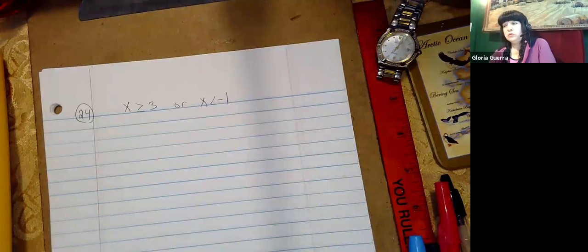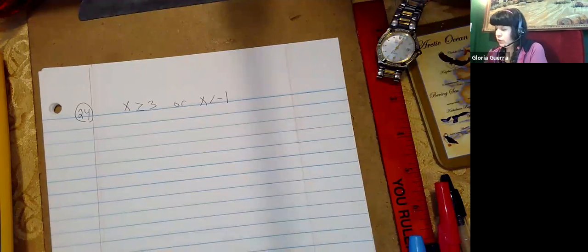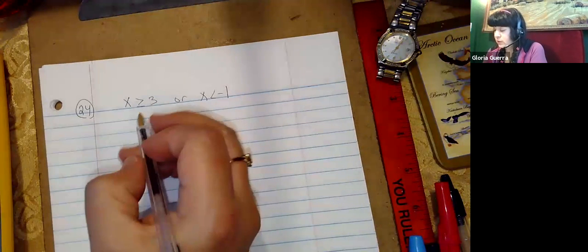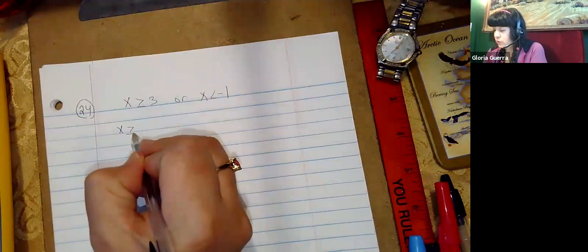Use the graphs to show the solution set to each of the 2 given inequalities, as well as a third graph that shows the solution set of the compound inequality. Okay, so it looks like they're trying to help you by giving you parts. So like they want you to first work with this, that X is greater than or equal to 3.